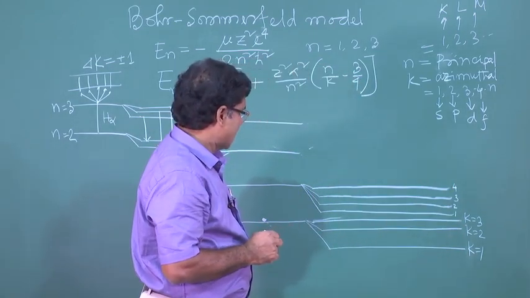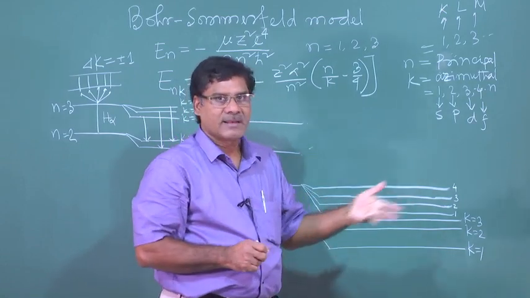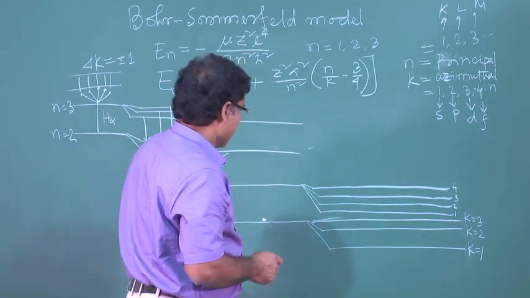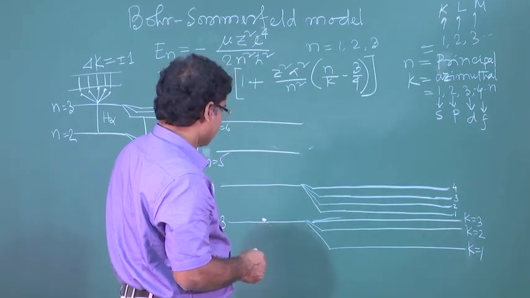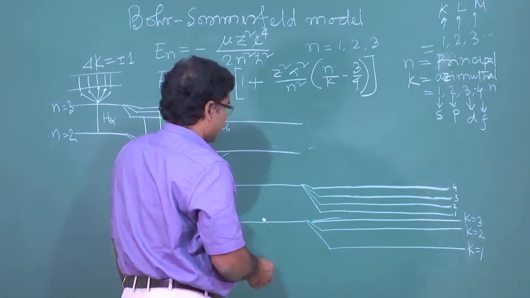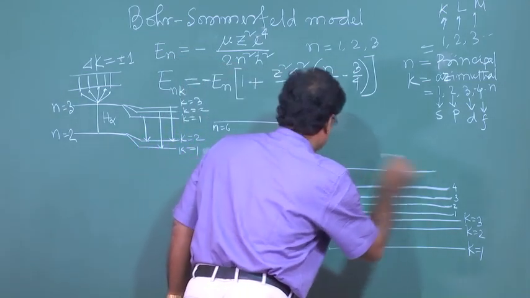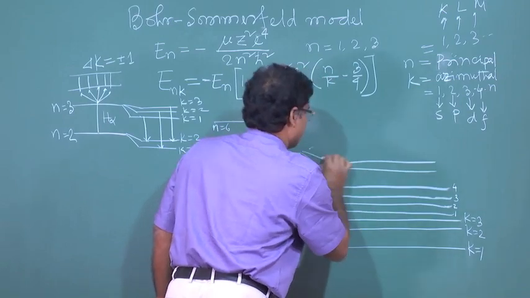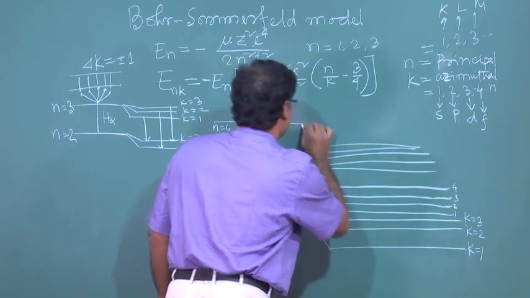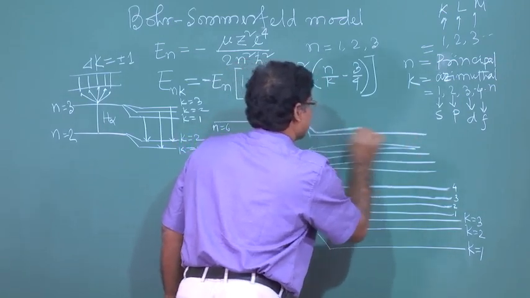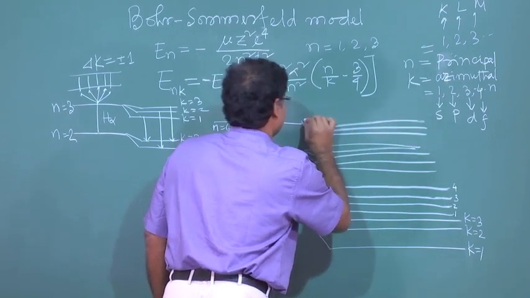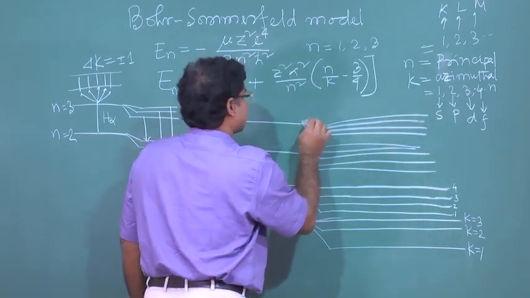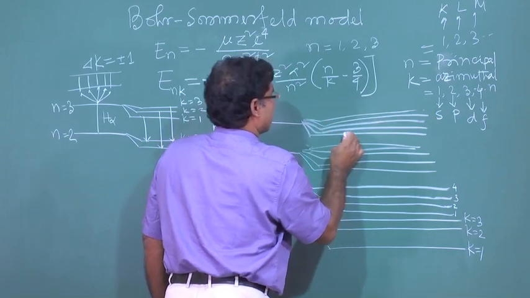If I plot it in a slightly different way, they will also split. So there should be 6 lines, 1, 2, 3, 4, 5.